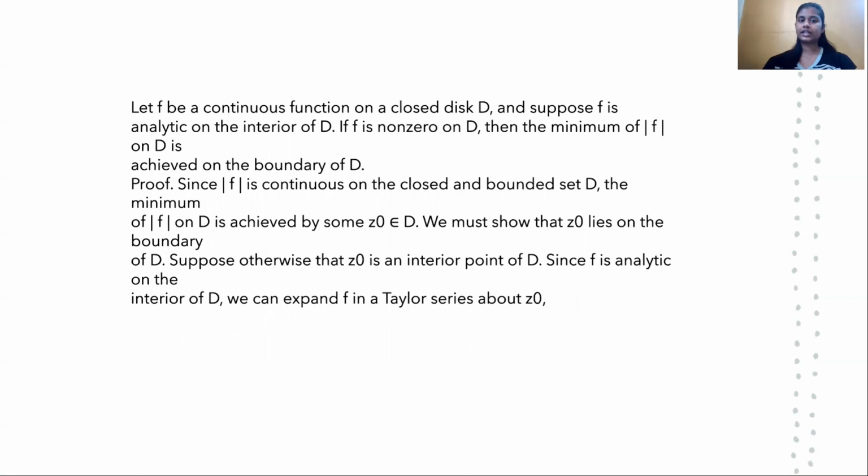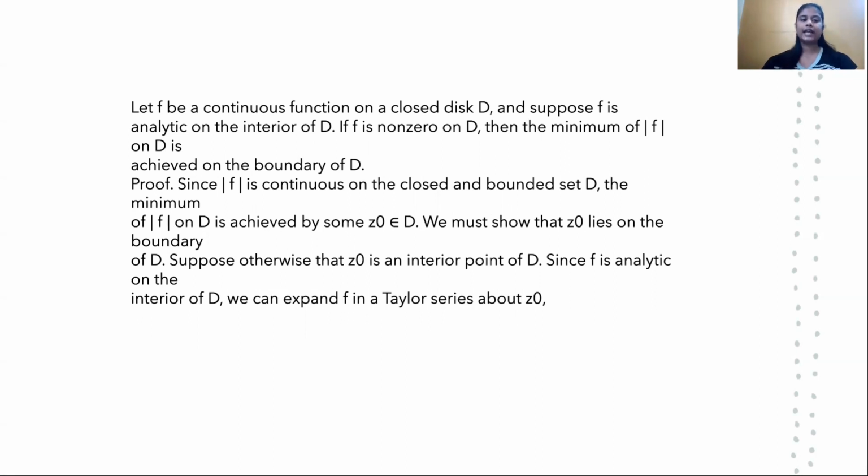Let f be a continuous function on a closed disk D, and suppose f is analytic on the interior of D. If f is non-zero on D, then the minimum of |f| on D is achieved on the boundary of D. Proof.